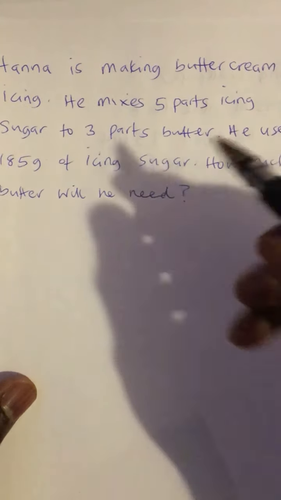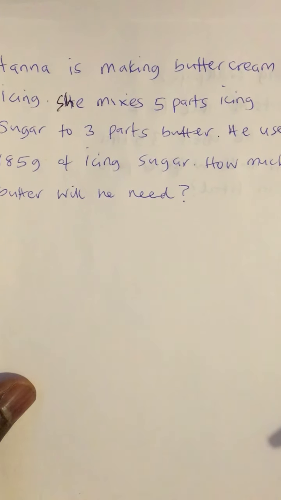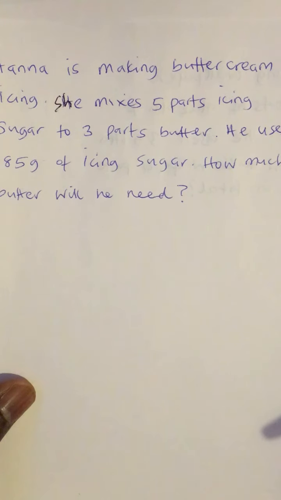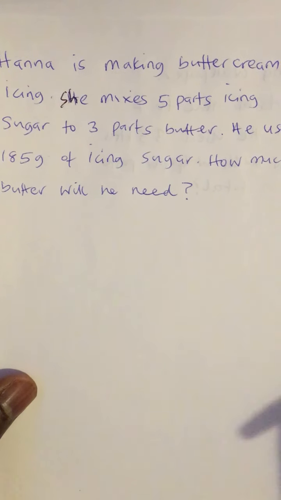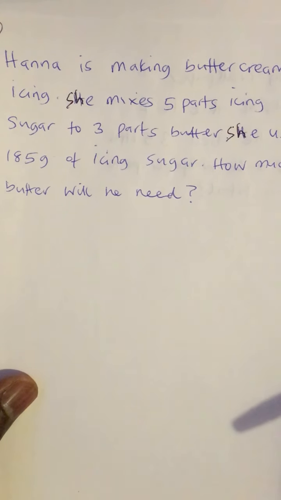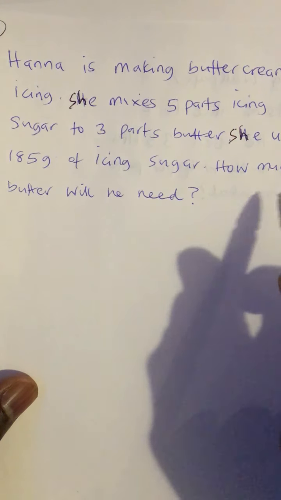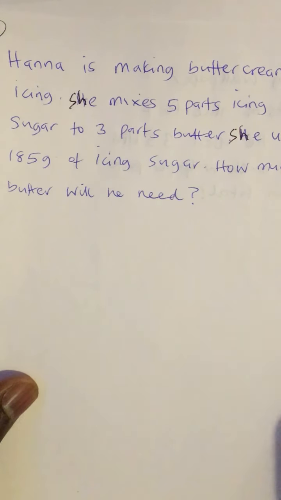She mixes 5 parts icing sugar to 3 parts butter. She uses 185 grams of icing sugar. So how much butter will she need?